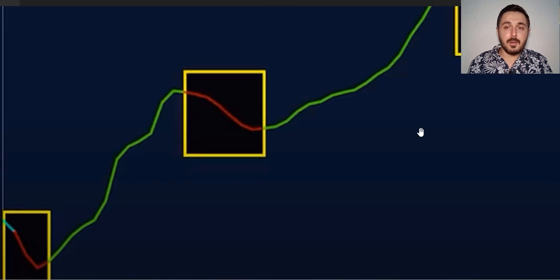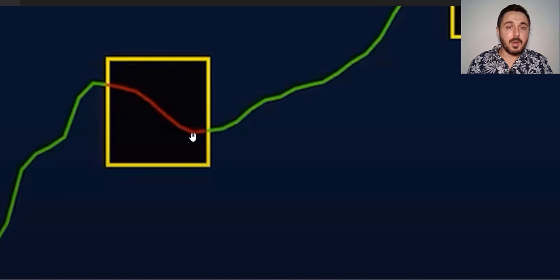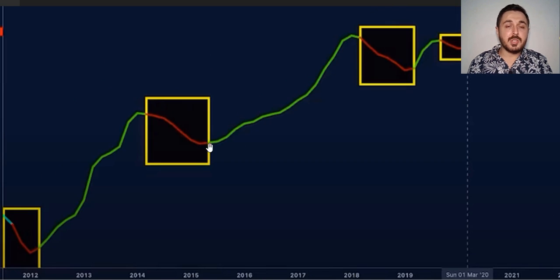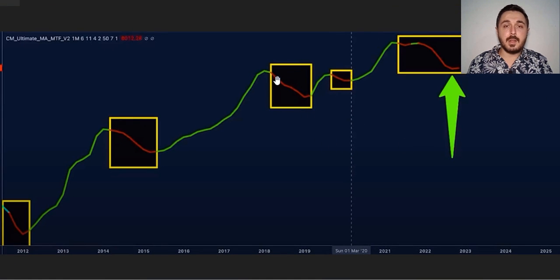Also over here in 2015 we had our bear market. We kept falling until this specific period. The red line changed its direction. We started having momentum to the upside. Then later on switched to green and kept moving up into our bull run. Also over here in 2018, when we had our peak at 20k, a lot of people came into the market at 20k.